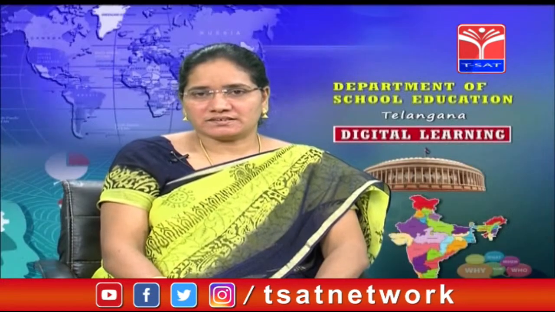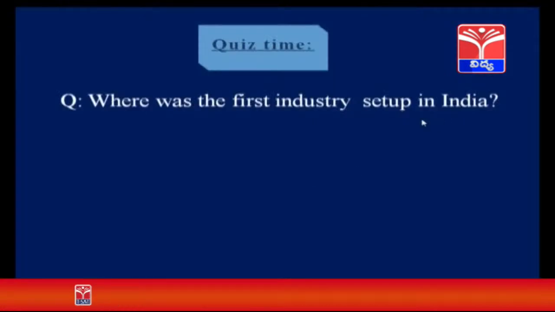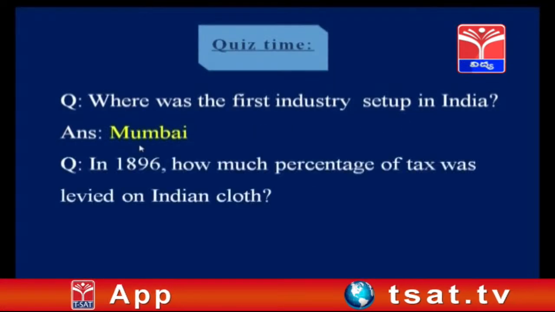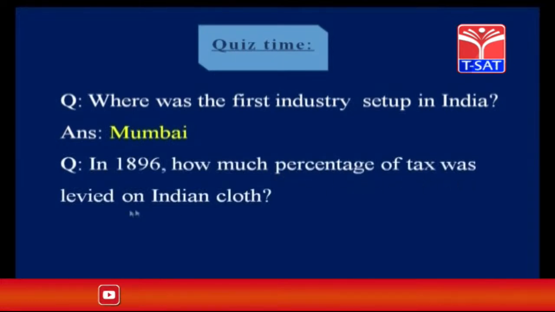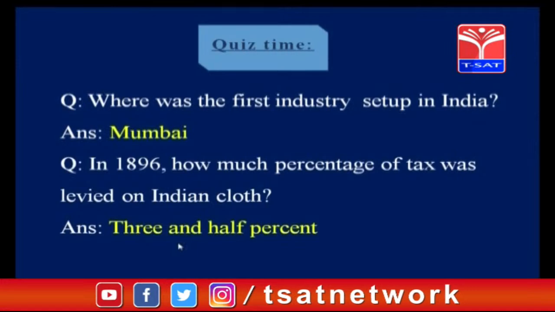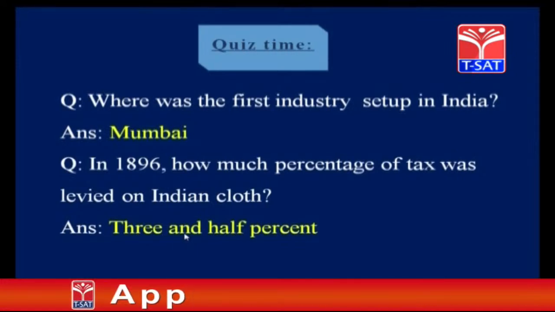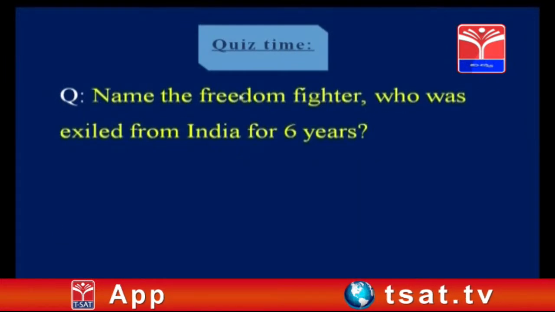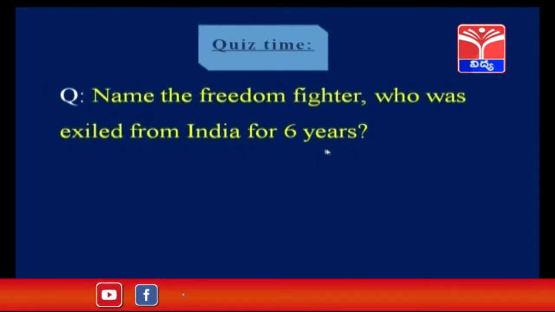Where was the first industry set up in India? Yes, it is in Mumbai. In 1896, how much percentage of tax was levied on Indian cloth? It is 3.5%. After this only, there was a conflict between the Indian traders and the British government. Name the freedom fighter who was exiled from India for 6 years.